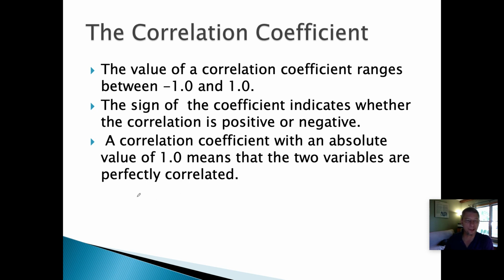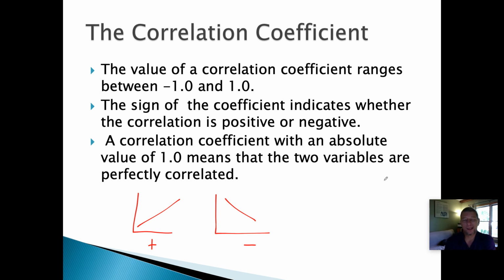If the relationship looks like this, where as x increases, y increases, this is a positive relationship. And if the relationship looks like this, where as x increases, y decreases, this is a negative correlation.